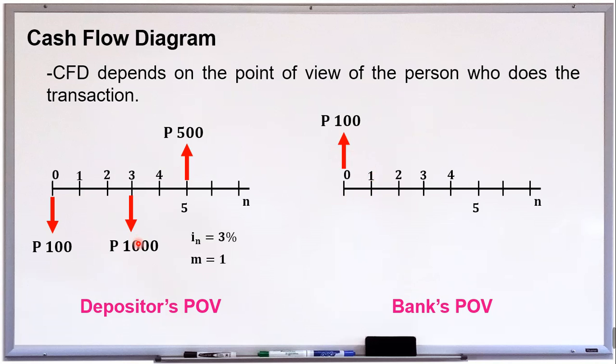And again, your 1,000 deposit on the third year will be an inflow of money on the side of the bank, and your 500 peso withdrawal will serve as an outflow of money from the bank's point of view, and that is for the fifth year. And again, do not forget to include the nominal interest rate for this transaction as well as the compounding scheme.